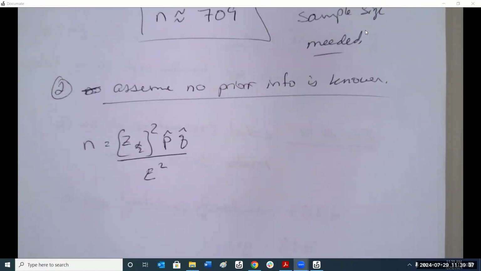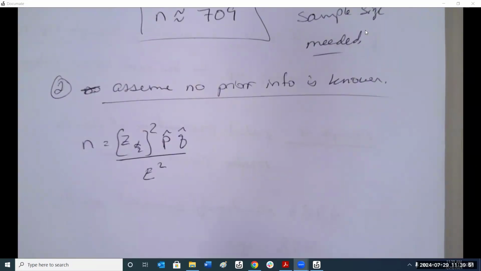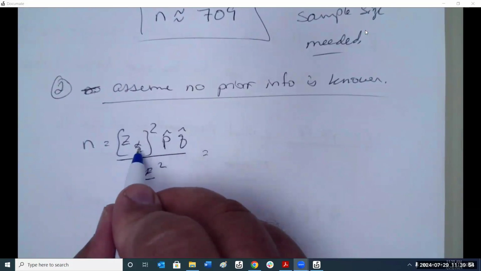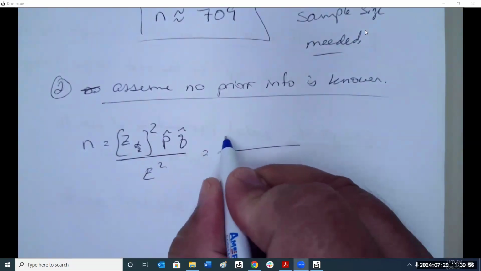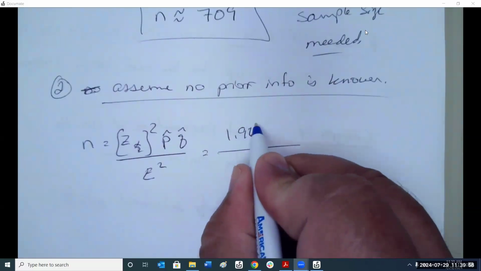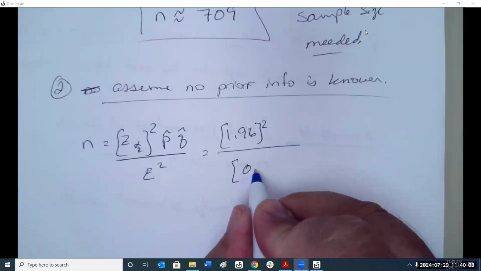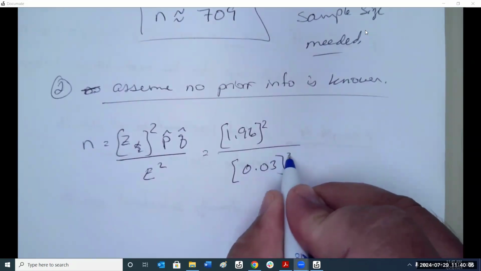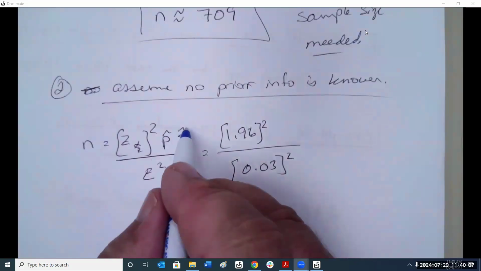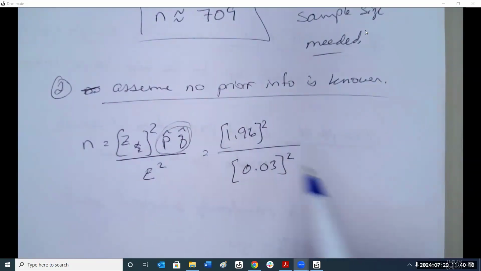Since no prior information is known, let me make sure I read that correctly. Yes. We do know our Z value, which is 1.96. We do know our error value is 0.03. We just don't know anything about P hat and Q hat.